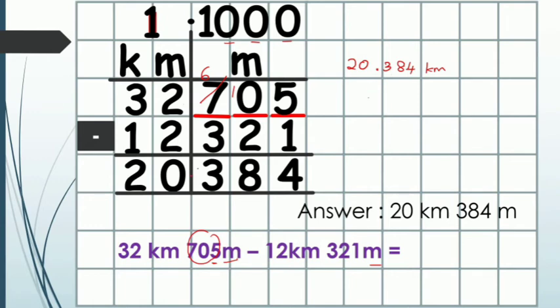Without the decimal point, it shows you the small unit: 20,384 meter. Without the decimal point, it shows you meter unit. With the decimal point, it shows you kilometer. And then according to the houses, 20 in the kilometer house and 384 in the meter house. So we also can separate the answers: 20 kilometer and 384 meter. So when we do the T method, we can get 3 types of answers.